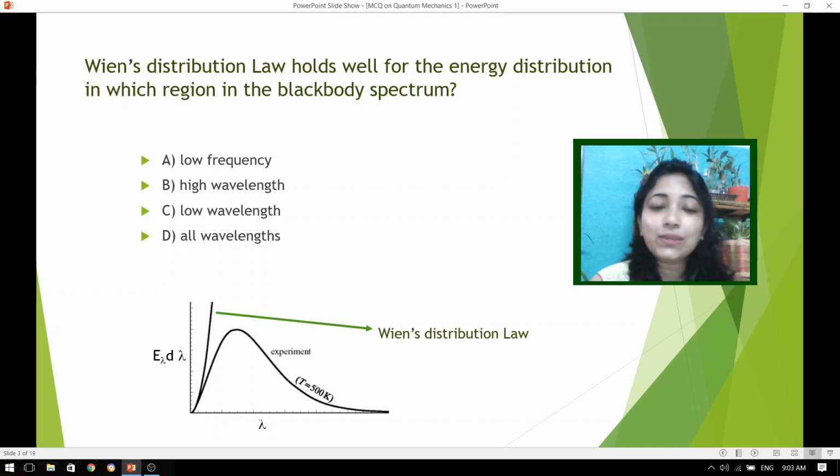You can easily find that Wien's distribution law only matches the experimental data in the region where the wavelength value is very small. Hence, among all the options given, we can choose option C as our correct option, which is low wavelength, right?